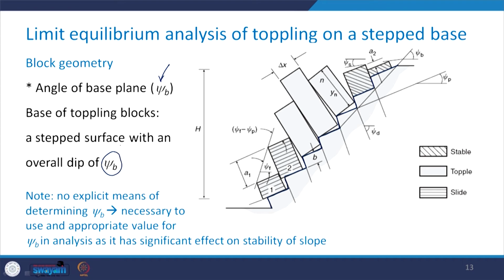You need to take note that no explicit means are available to determine this psi b, but since it is necessary to use an appropriate value for psi b in the analysis, as it has a significant effect on the stability of the slope, we take the average value of psi b. How to choose this, we will see a little later.